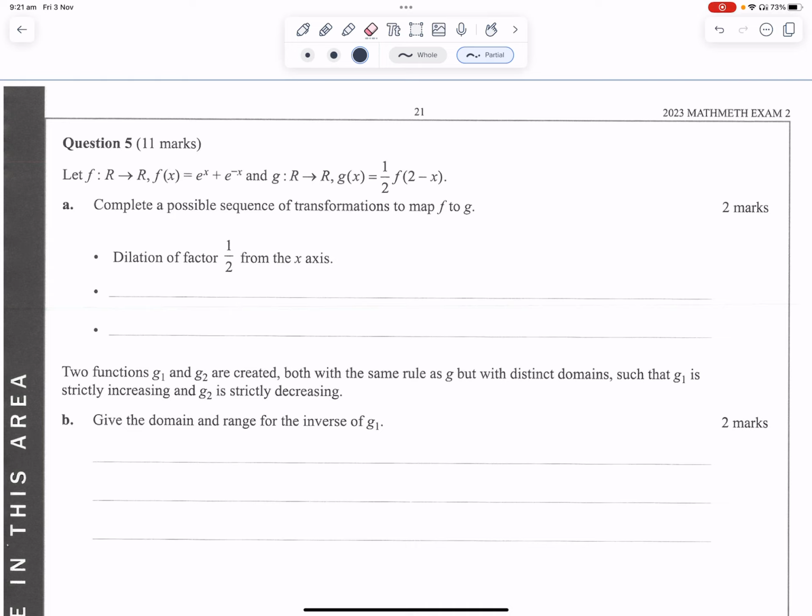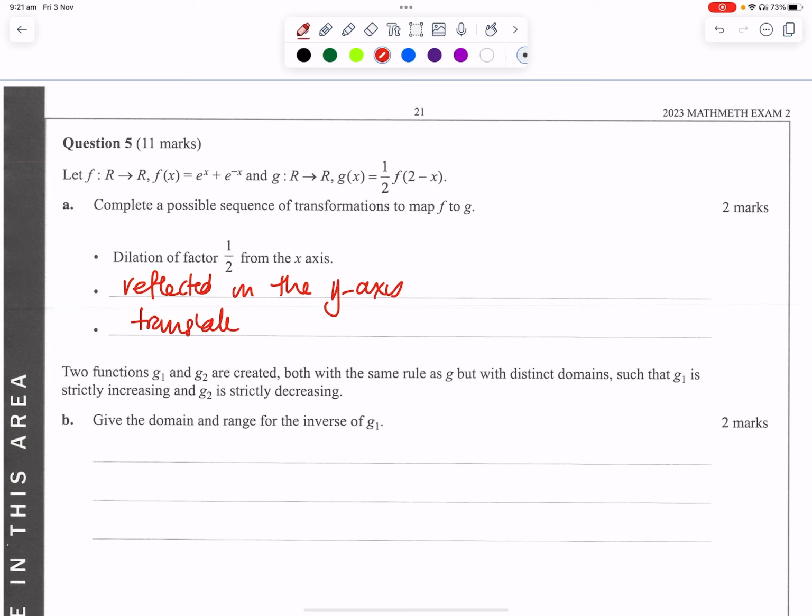Let f of x equal that, and g of x be a transformation of that. A dilation of a half from the x-axis, so that's that. We could say reflected in the y-axis to get that, and then translated 2 units in the positive x direction.